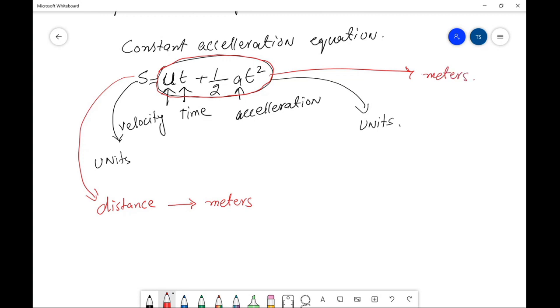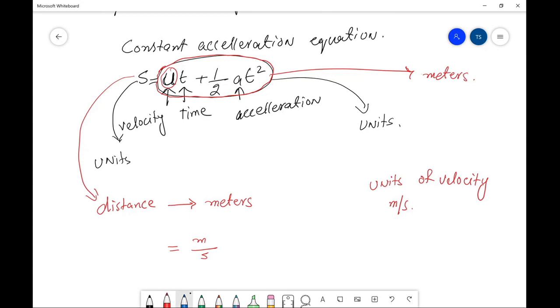On the right hand side, we have u, the first parameter, which is velocity, and the unit of velocity is meters per second.